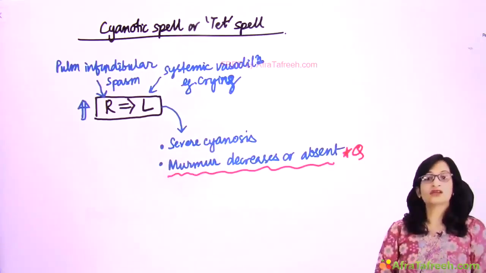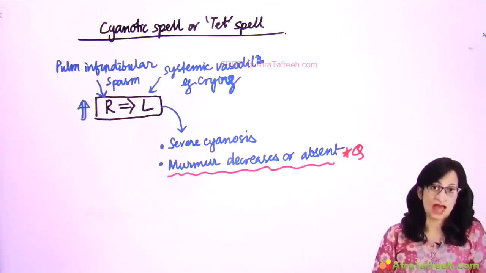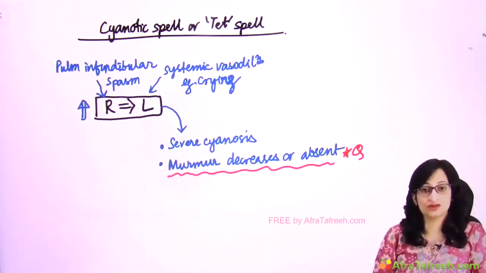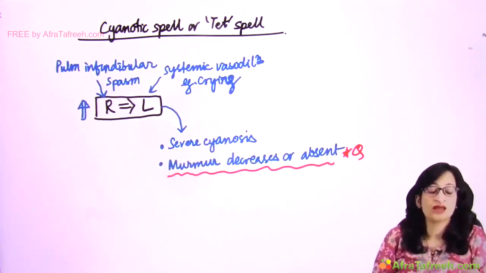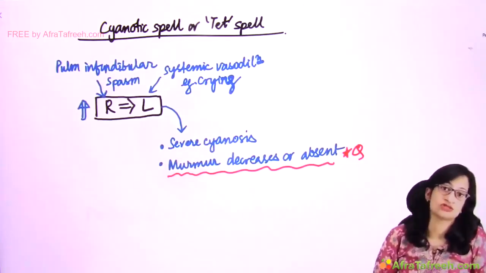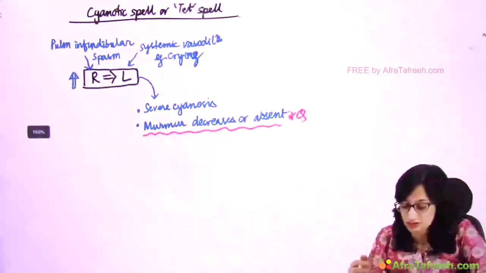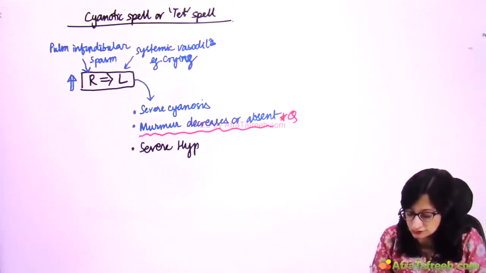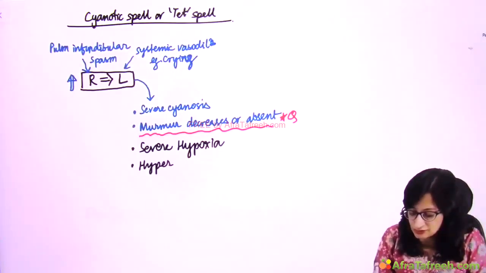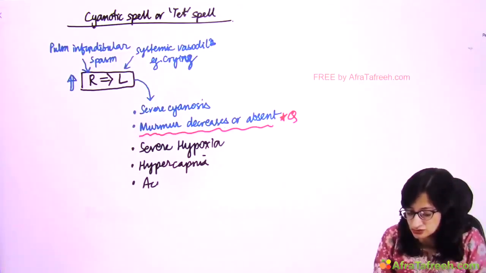Now, if you do an ABG, an arterial blood gas, at the time of cyanotic spell, what will you get? You will get severe hypoxia, hypercapnia and acidosis.